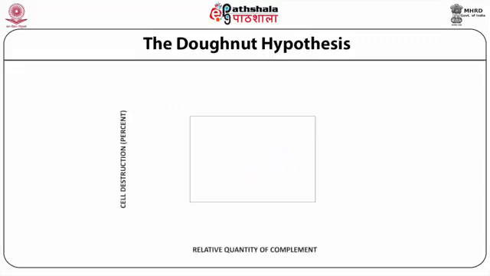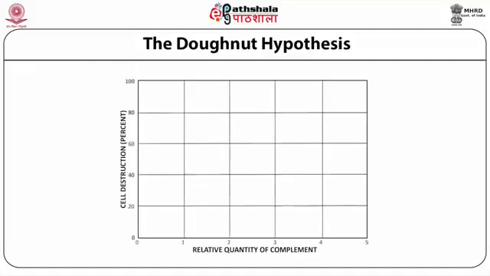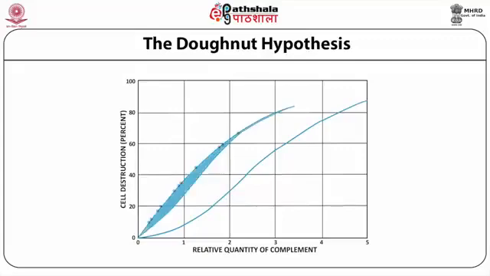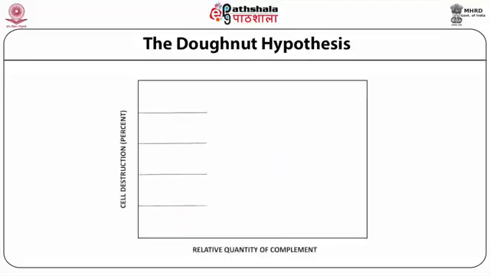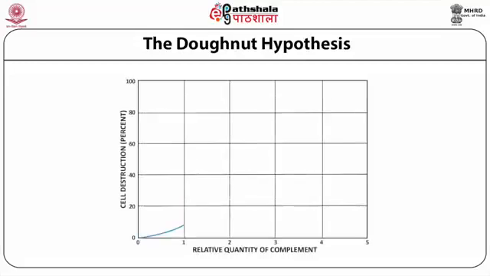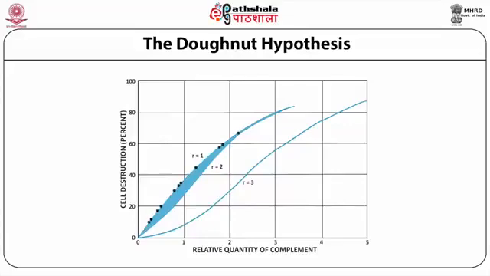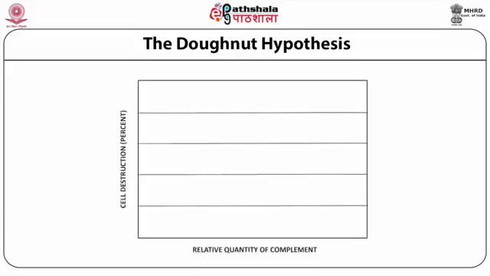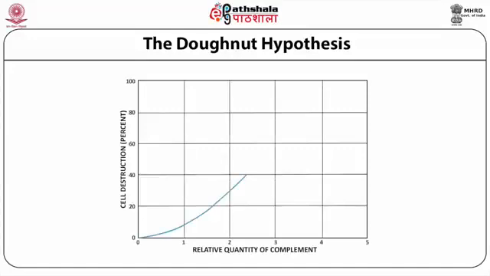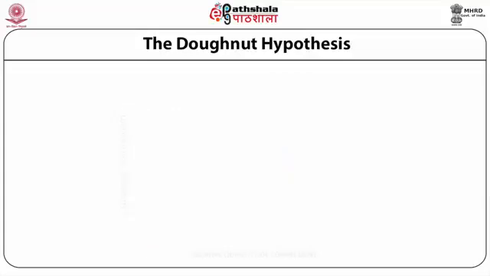Manfred Mayer and others had carried out experiments which supported the one-hit theory. Their data is shown here, and based upon this data, the hypothesis called the Doughnut hypothesis was given. What is shown here is the change in the percentage of the cells which are destroyed as the relative quantity of the complement is increased.